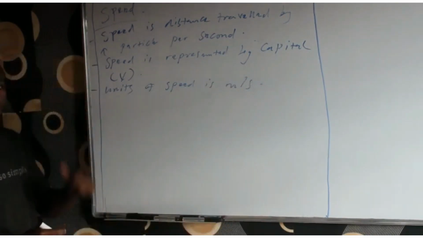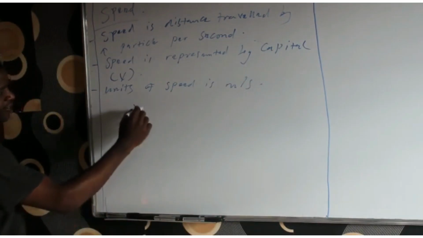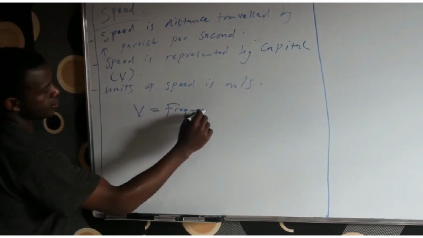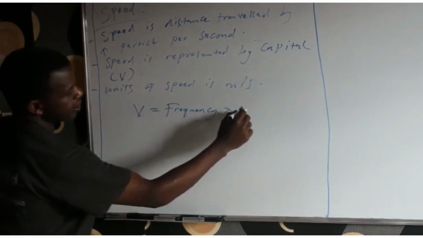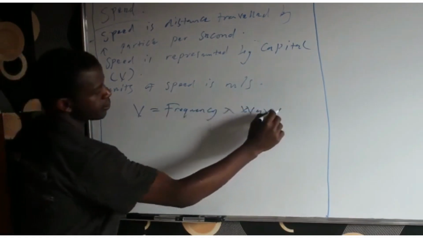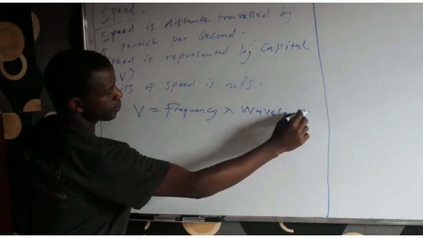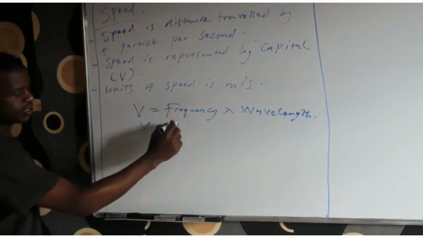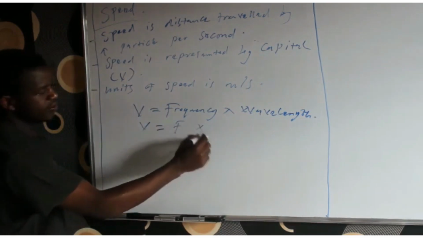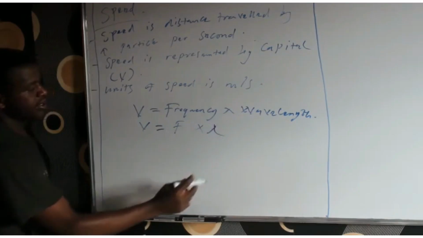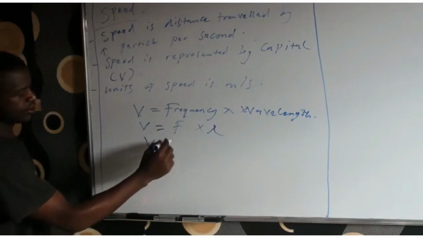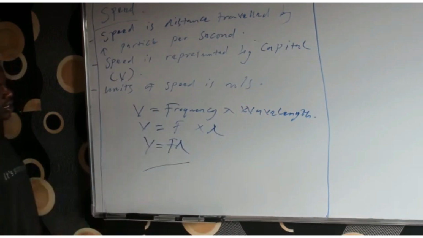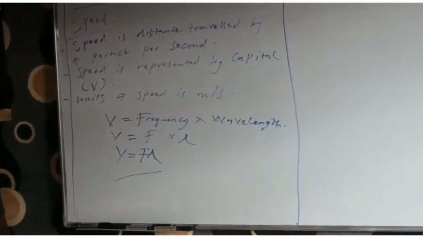And the formula that you use when calculating speed, you say V is equal to frequency multiplied by wavelength. And since we know that the symbol of frequency is F and the symbol of wavelength is lambda, you say V is equal to F multiplied by lambda. So this is the formula that you use.